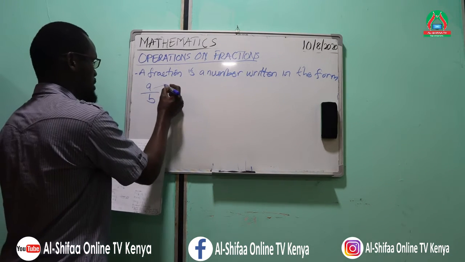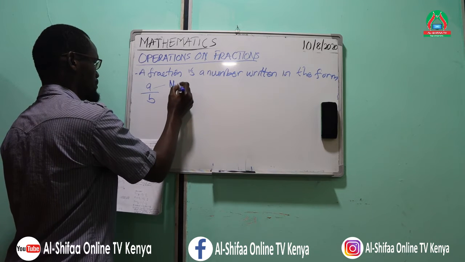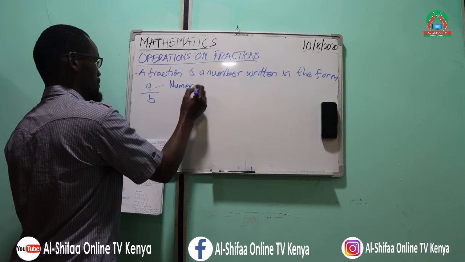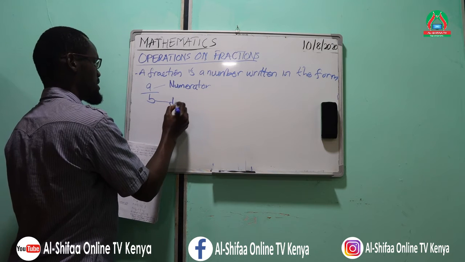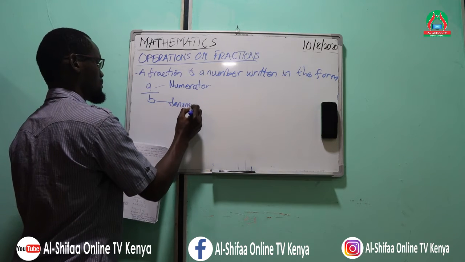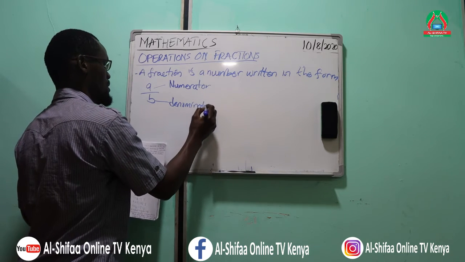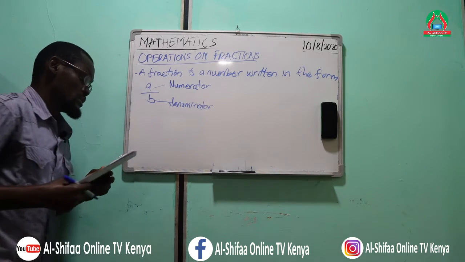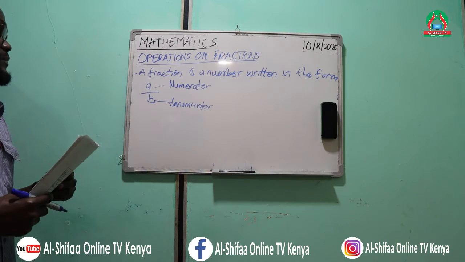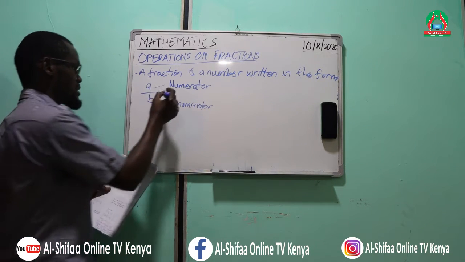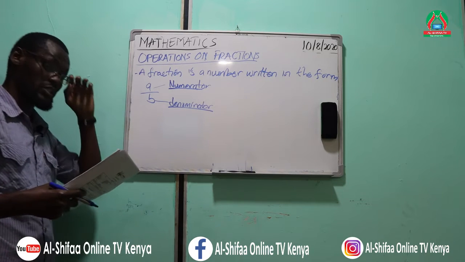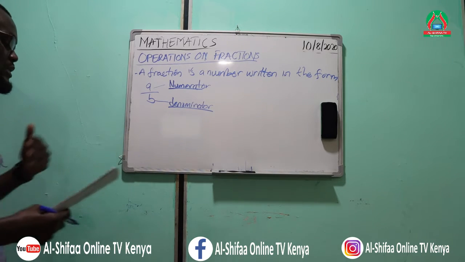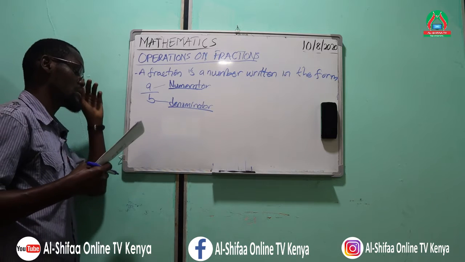The top is called the numerator, and the bottom one is called the denominator. So you must not forget these terms, the numerator and the denominator, because in the operations of fractions they are usually used many times.